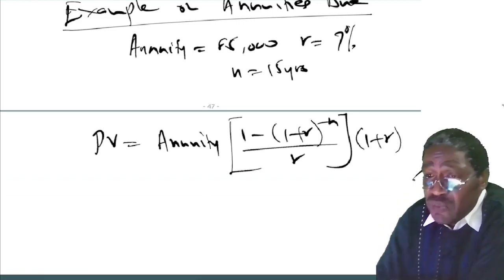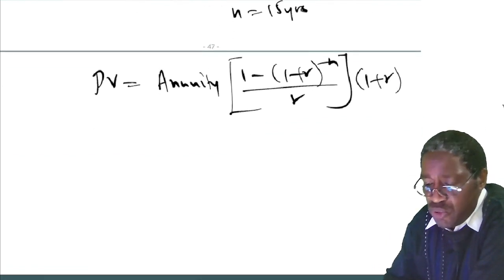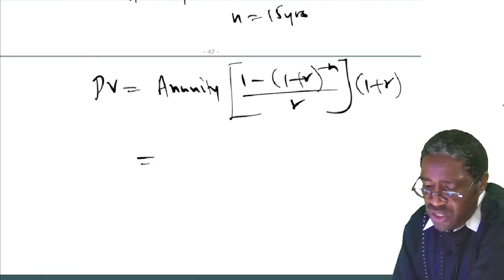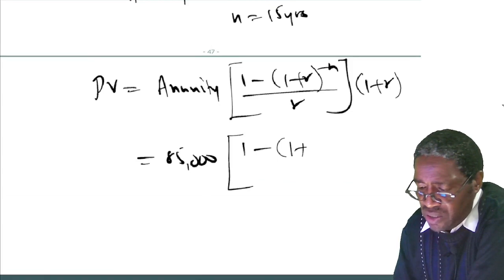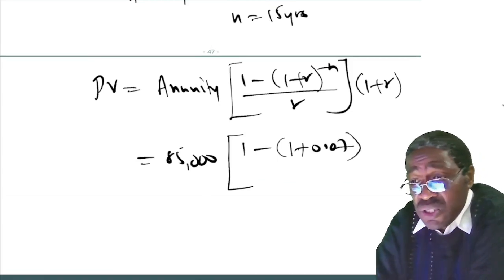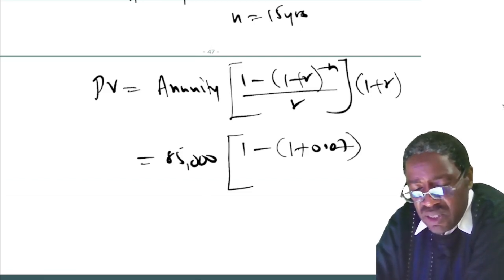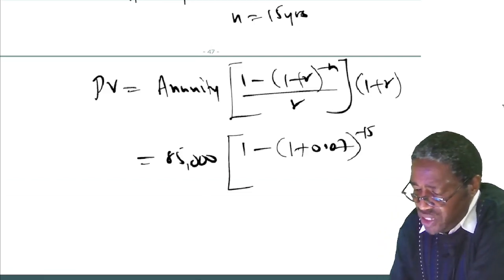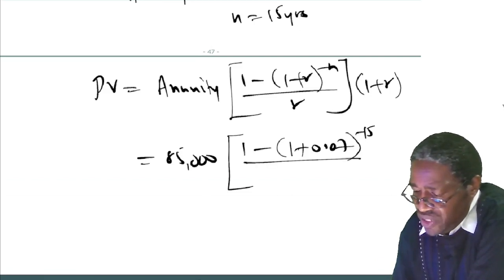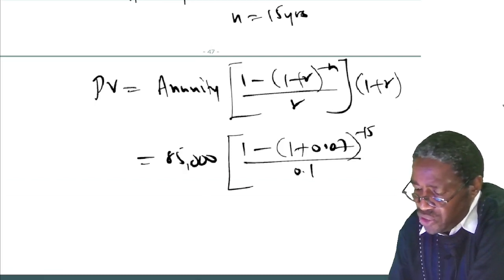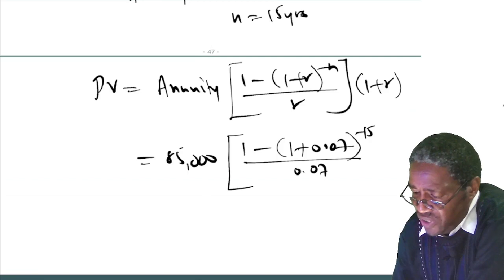Good. So let's put in the figures now. Our annuity is 85,000 into 1 minus 1 plus 0.07. Our R is 0.07. We have our N being 15 years, so we have to the power of negative 15. Divide everything by 0.07.